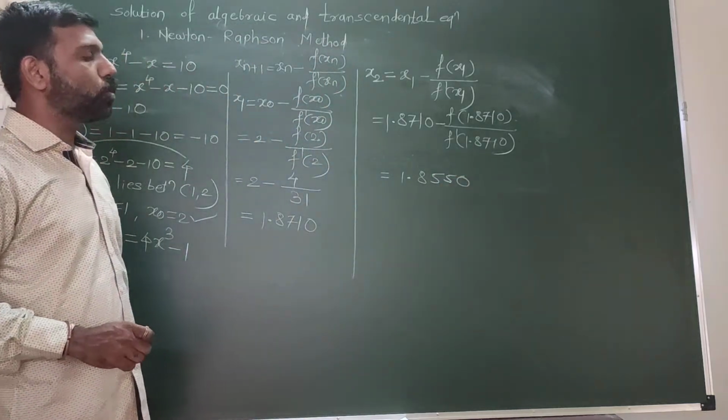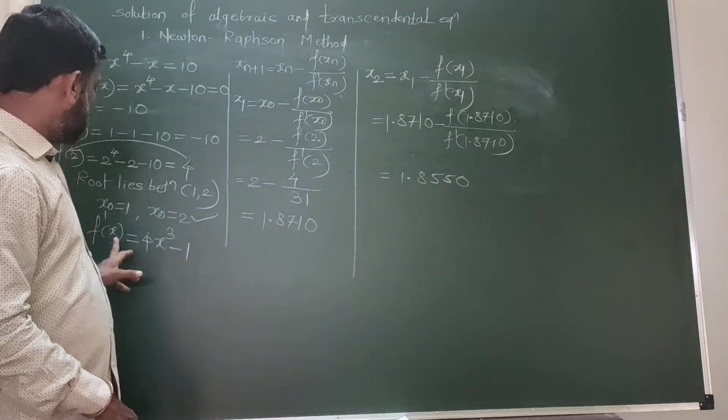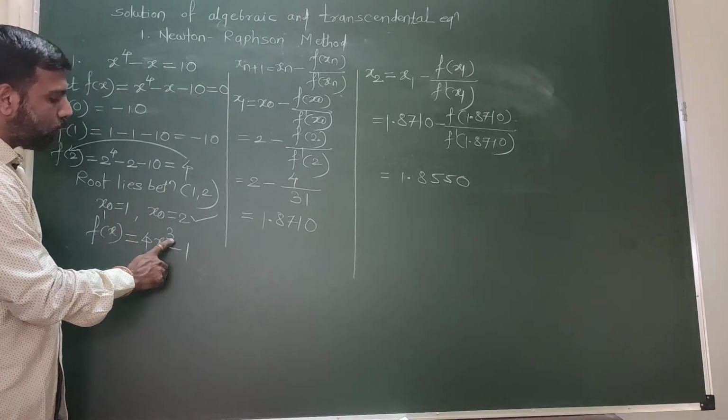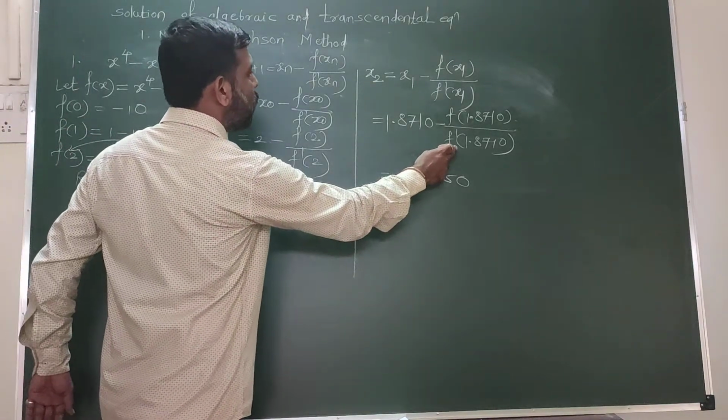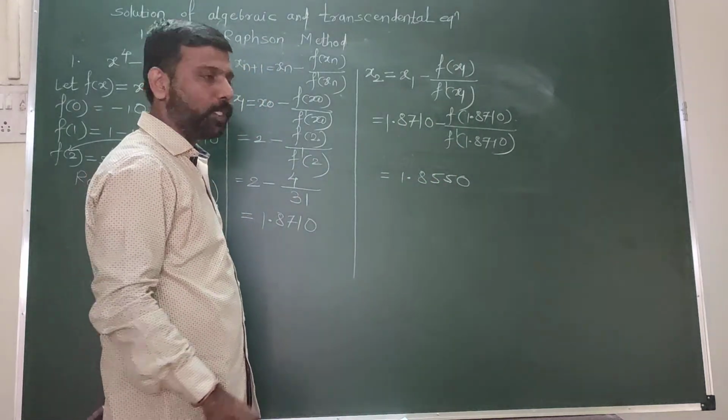So this is our x2 approximation. Now f dash of this value, f dash of 1.8710, calculate this, substitute here that value. After the calculation, this becomes our second approximation.